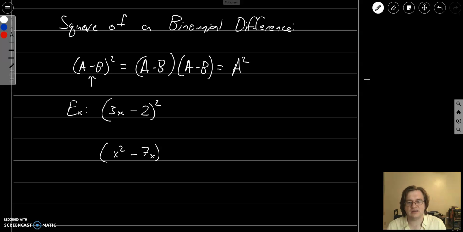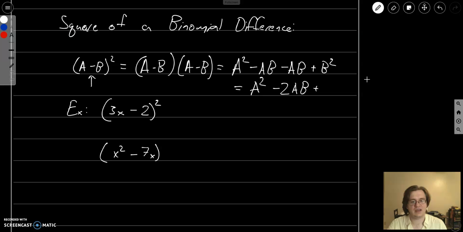Outer a times negative b. Inner negative b times a. And last, negative b times negative b. Again, the negative signs will cancel out here, but now I have a minus ab. Those are like terms and will combine. And then the last term.